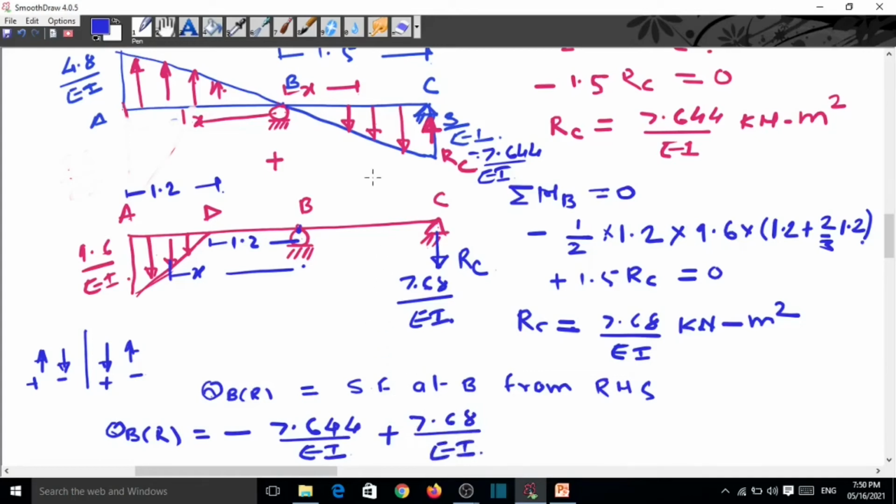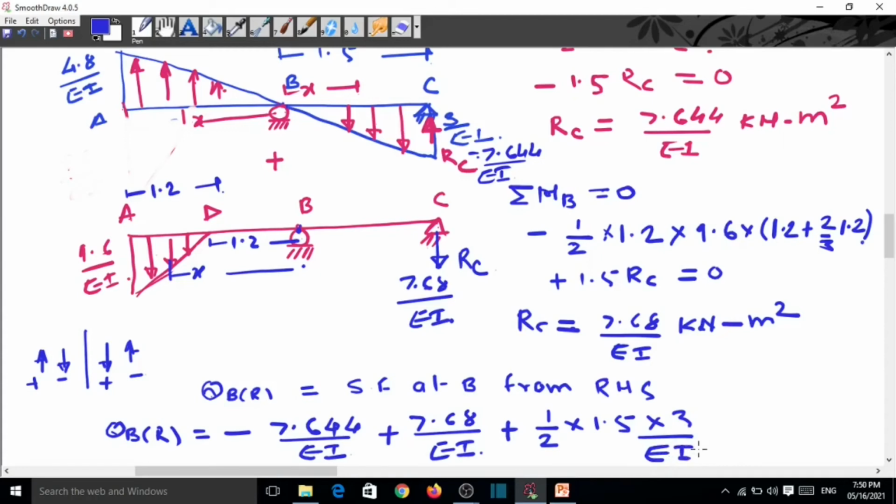Then next is this load. So this is downward load, that is a positive. So plus this load is the area of that triangle. So 1/2 base into the height is divided by the EI.